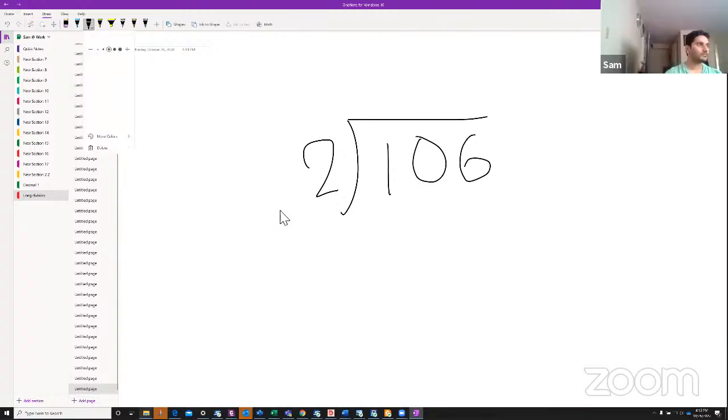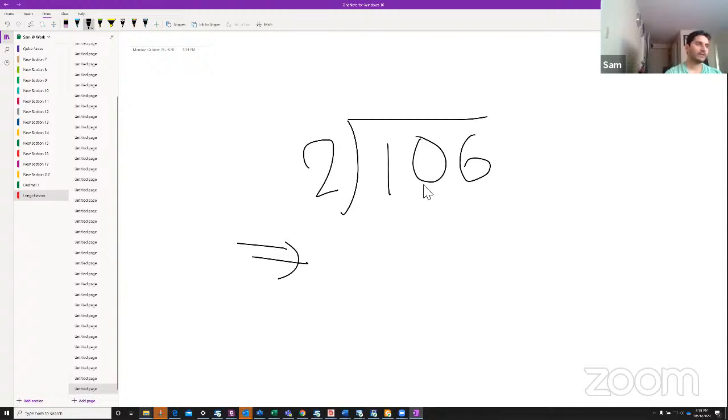Let's do this one. Okay, we have 106. We're going to divide by 2. So we're going to take the first digit. This is 1. This is smaller than 2. So we're going to take the second digit. It's going to be 10.